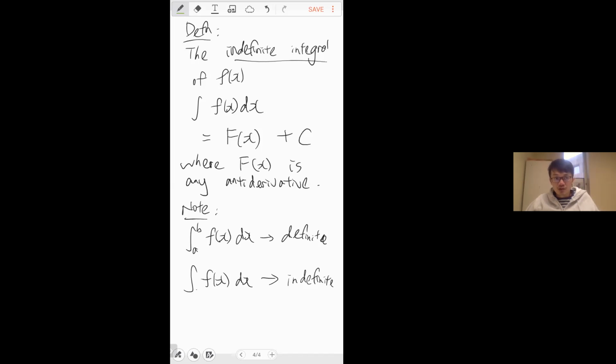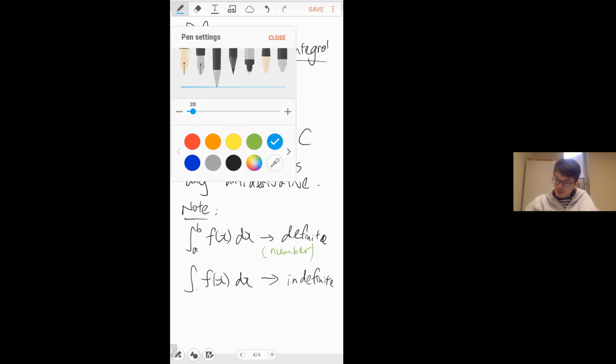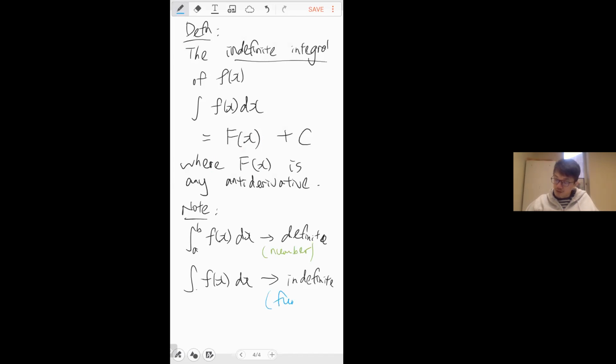So the indefinite integral is a function, and the definite integral is a number. This is a number. This is the function. By function, I mean it depends on x. Is it okay?